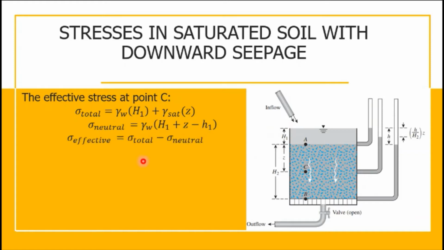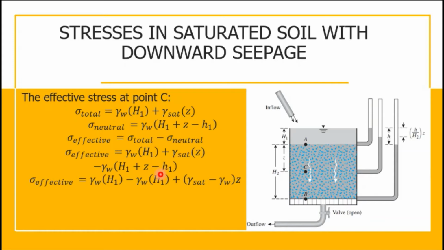And then total stress minus neutral stress is equal to the effective stress. And substituting the values, this will give us this equation. And if we distribute the unit weight of water, this will give us this equation. This will be cancelled.